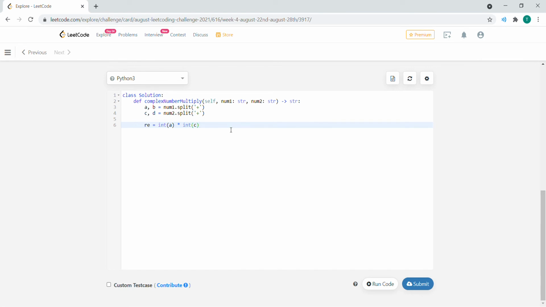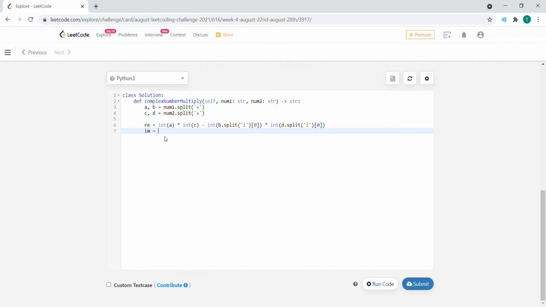Then minus, follow along here, the integer of B dot split by i, the first index of that, times the integer of D dot split by i as well, taking the first part of that. All right, that's the real part right there.